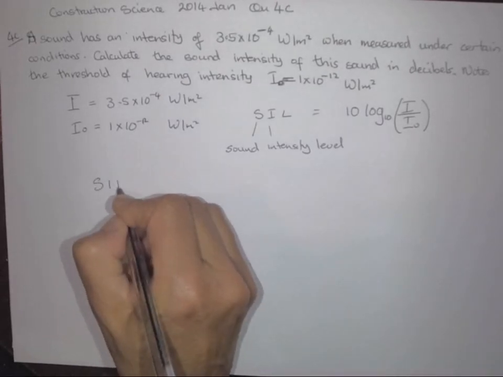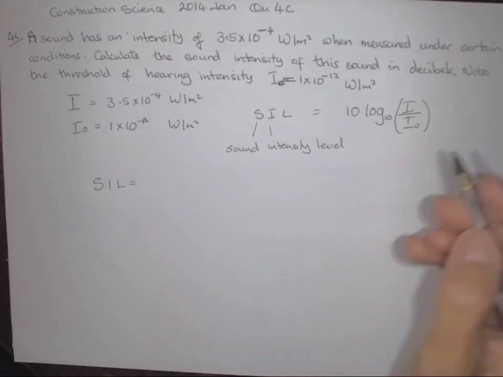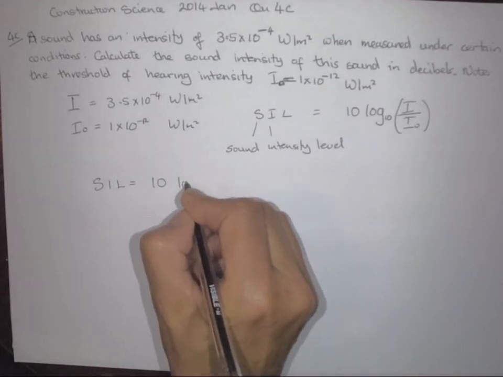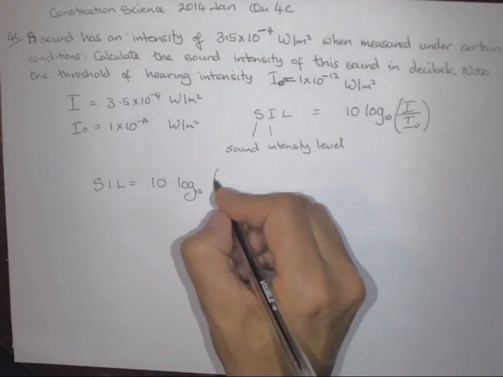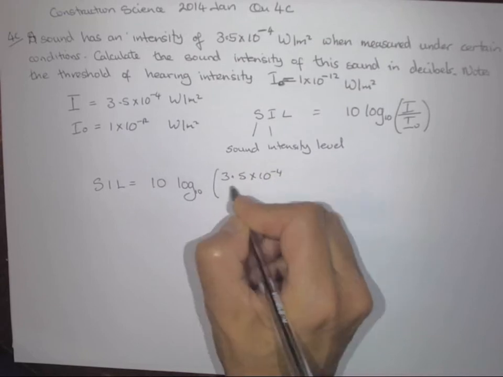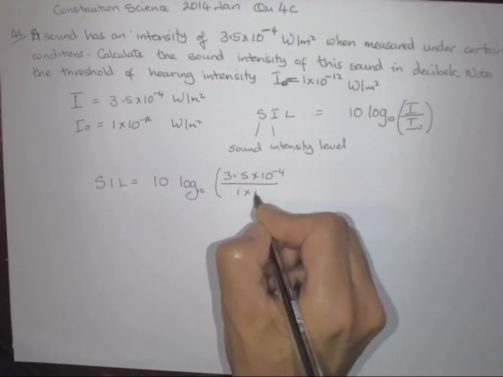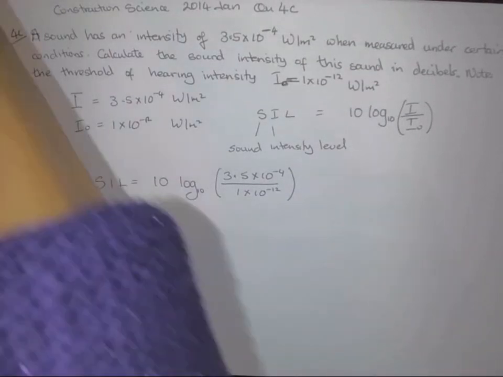So SIL, the sound intensity level, and this here will give it to you in decibels. It's going to be 10 times log to the base 10, which is just the log button on your calculator, of 3.5 by 10 to the minus 4 divided by 1 by 10 to the minus 12. So then you put that into the calculator.